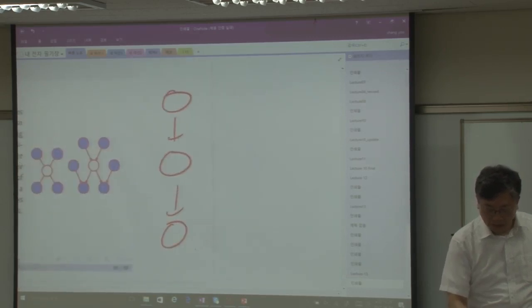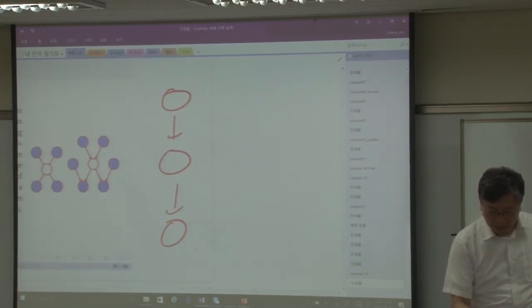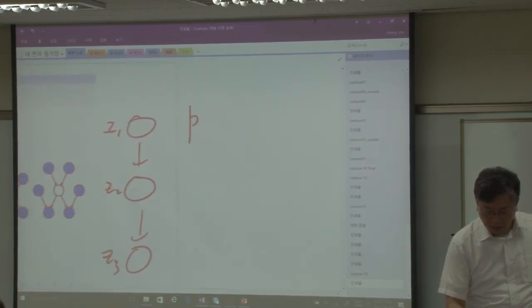This is what I mean. Let's say this is Z1, Z2, Z3. This represents what? The joint probability of Z1, Z2, and Z3. What is that?